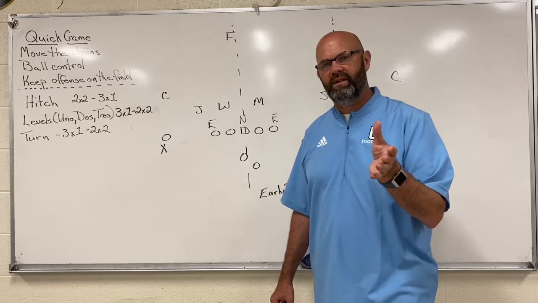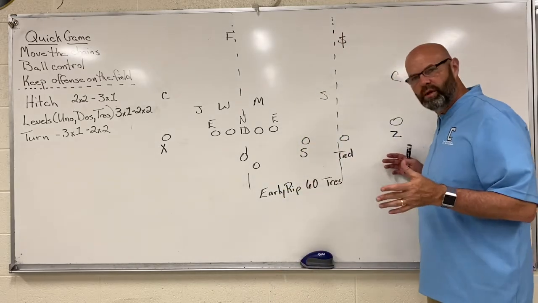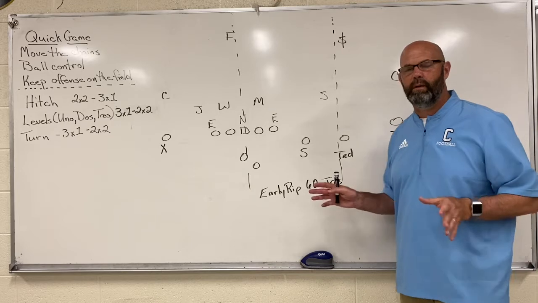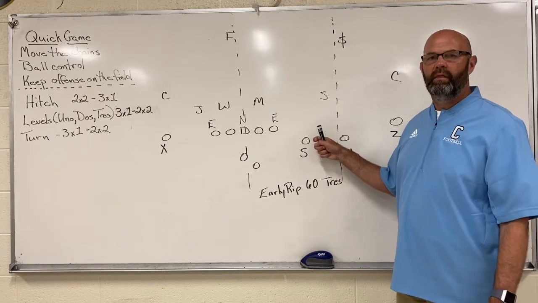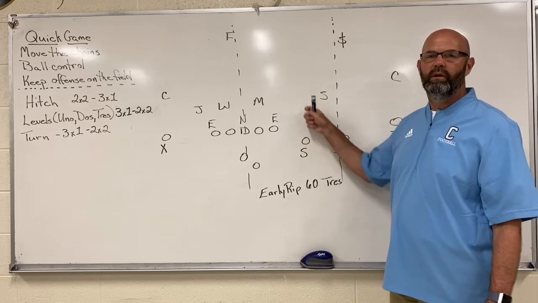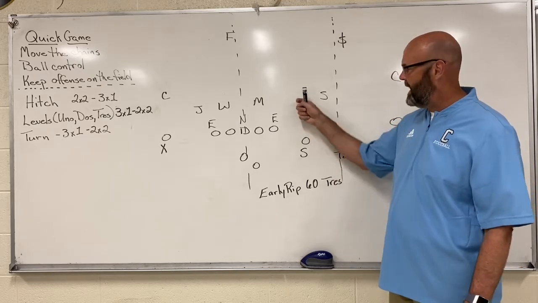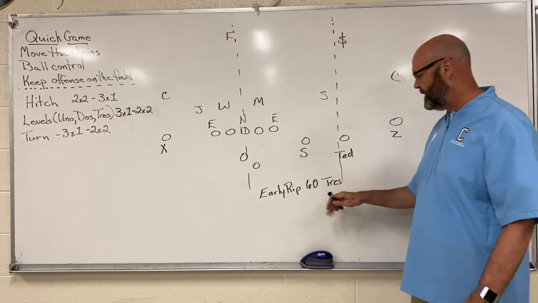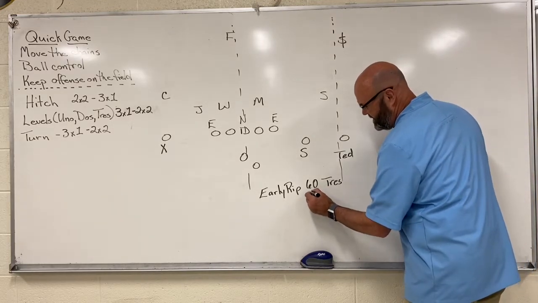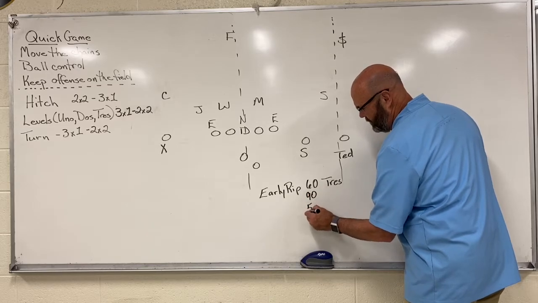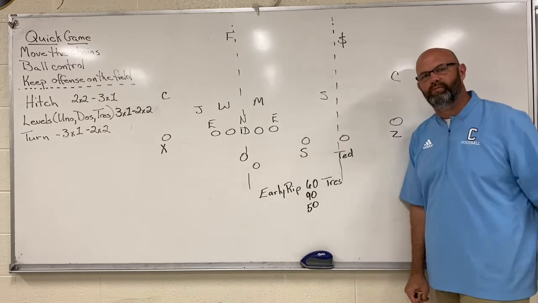We always start by teaching levels out of a trips look because this is the most common look we will use, and we will teach trace, the third receiver, to attack the linebackers. All right, so we got early rip, 60 trace. And again, just for purposes of clarification, it could be 90 or it could be 50. It could be any of these protections.